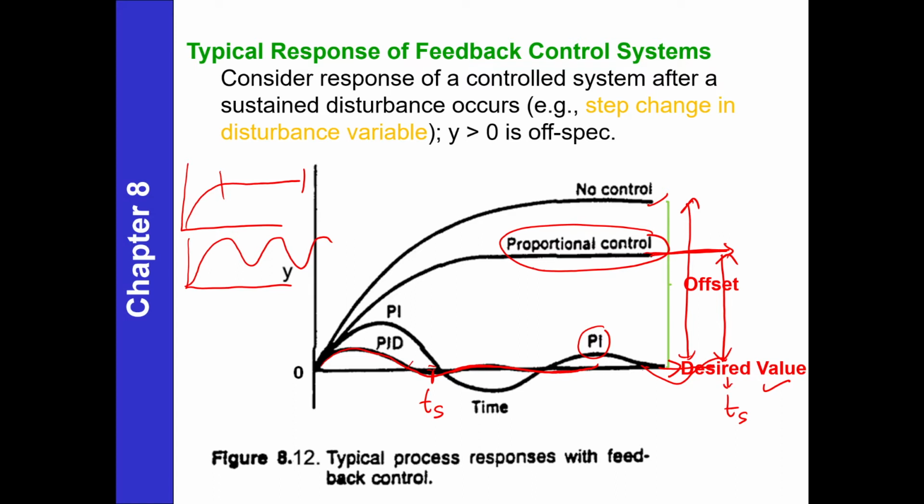Up to this point, I really hope that you can differentiate between proportional, integral and derivative. So, to recap, with proportional control there will be an offset because proportional only reduces the error, not eliminates it.